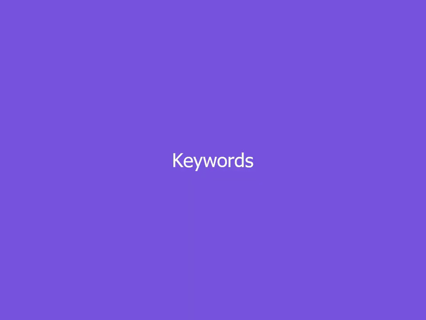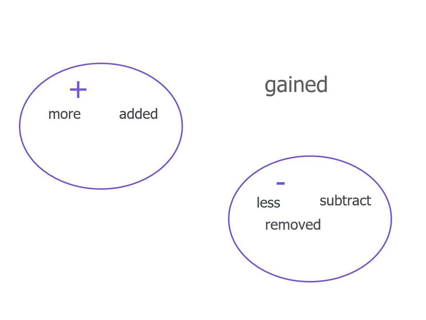So what about these keywords? If we've got addition and subtraction, how could we sort these out? More means we're adding. Less means we're subtracting. Added means addition. Subtract, well, that's subtraction. Removed means we've subtracted something.